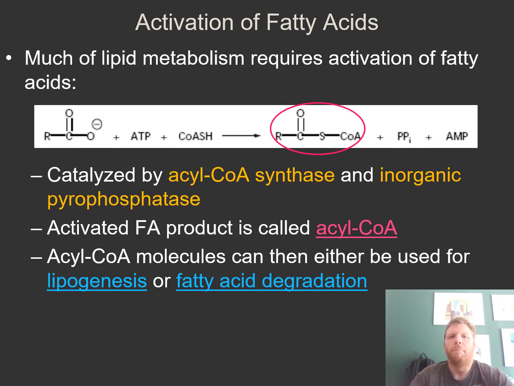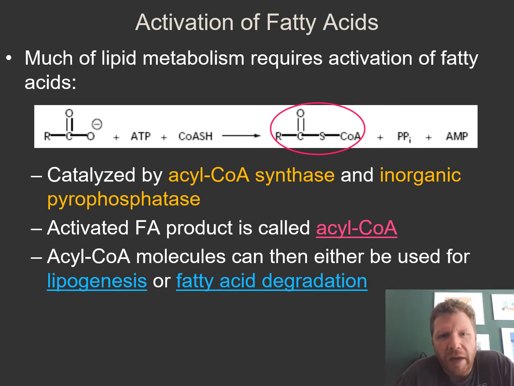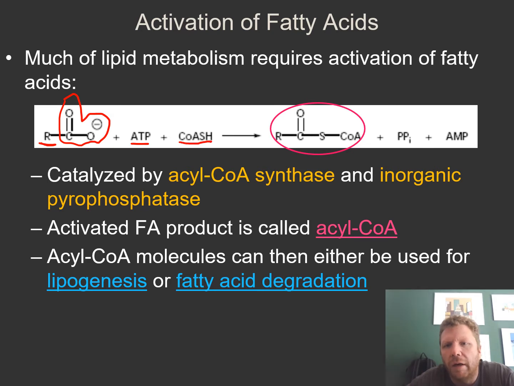Now, much of lipid metabolism requires activation of fatty acids. The way a fatty acid is activated is, here is a free fatty acid. Here's our R group indicating the aliphatic chain. Our carboxylic acid is right here. Then we have an ATP molecule and coenzyme A. To do this, we use the enzyme acyl-CoA synthase.